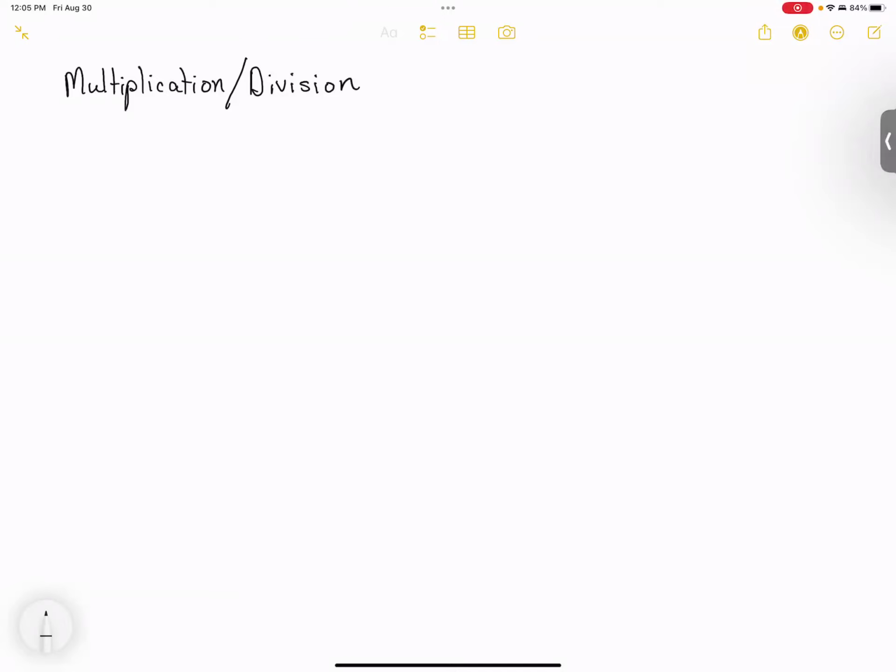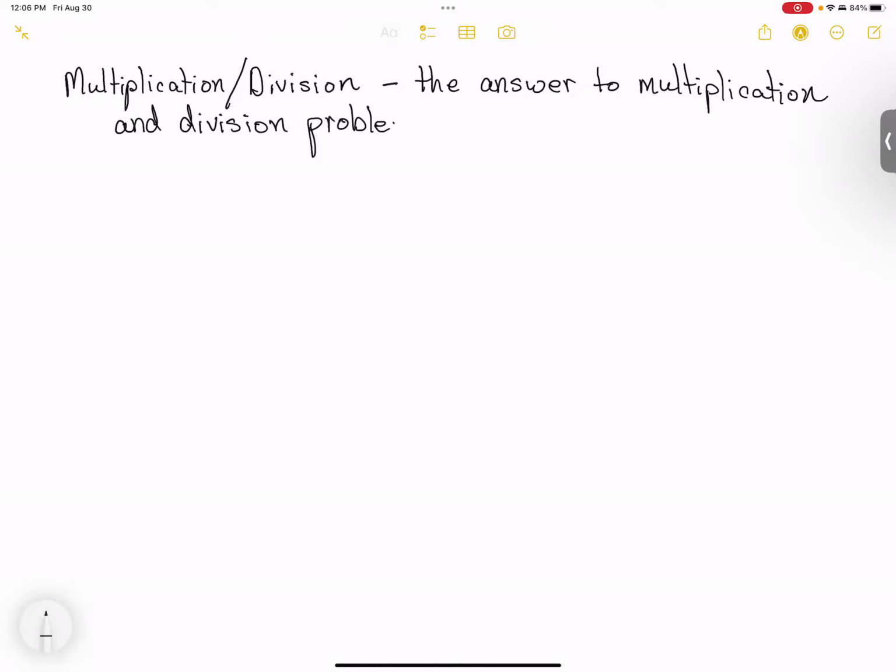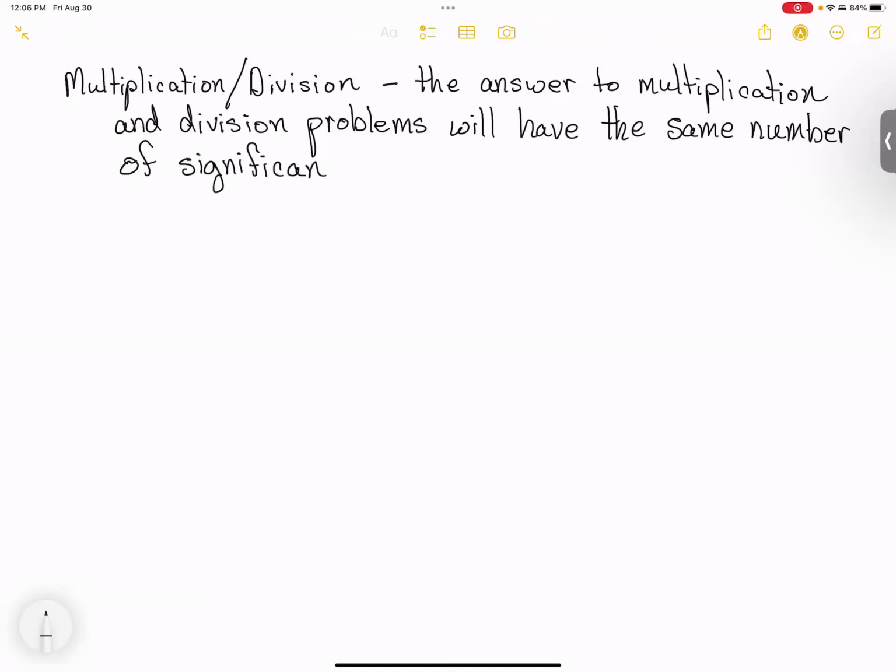So the first thing we're going to work on is multiplication and division. And the rule is that the answer to multiplication and division problems will have the same number of significant digits as the measurement with the fewest.